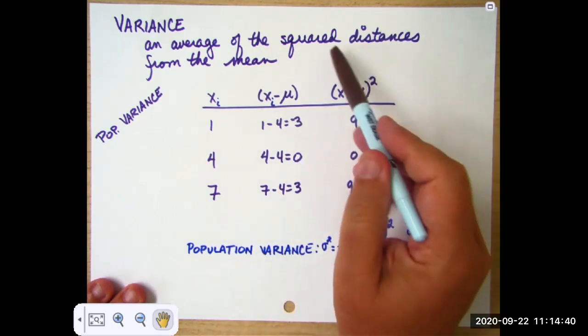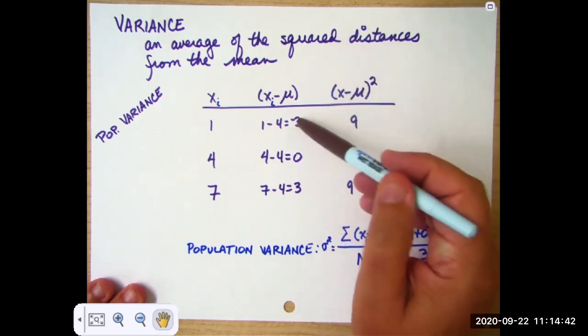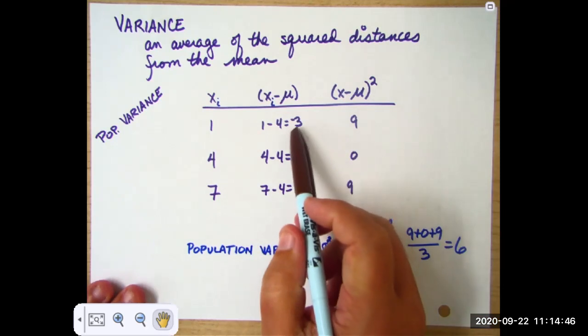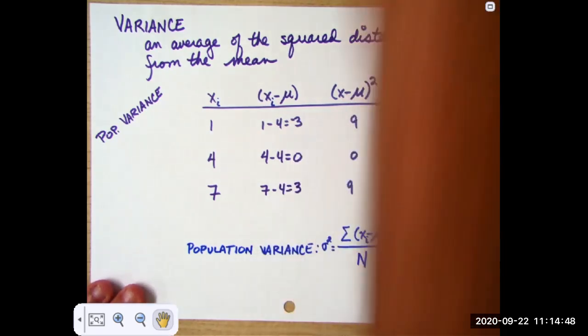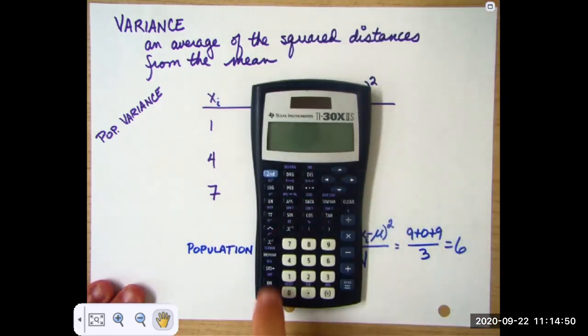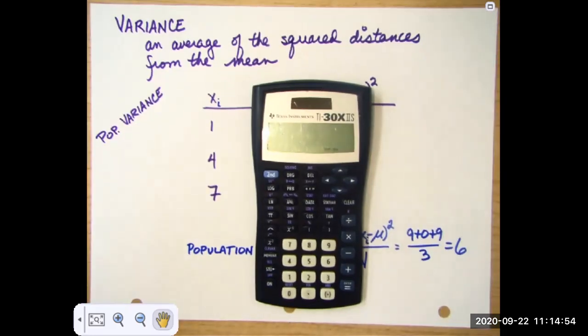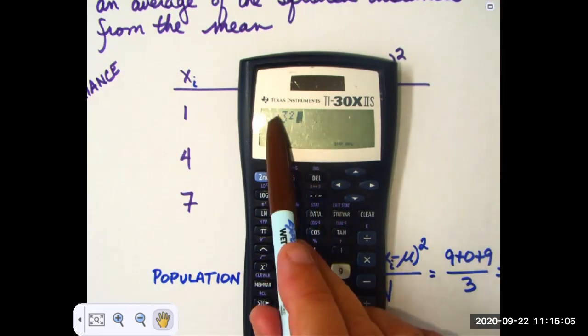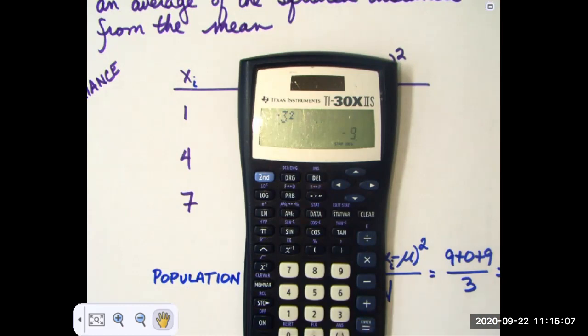So I take each data value minus the mean of 4. And then I need to take the square of those distances. Now, some of you are going to go negative. You're going to take your blue calculator, for those of you who have these types, and you're going to type -3 squared. Now look how it's typed in. According to the order of operations, you do the exponent first and then the negative, and the calculator is going to do that correctly and give you -9.